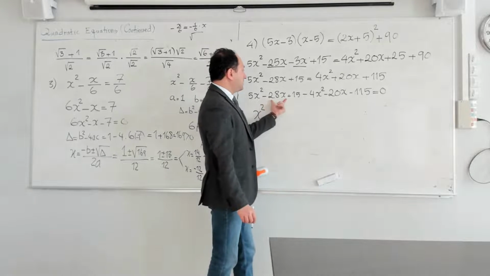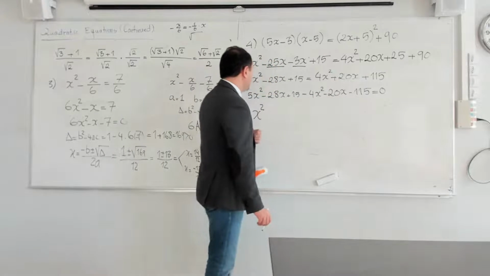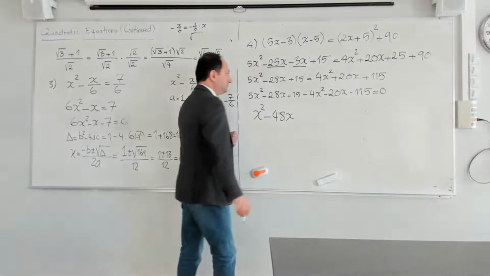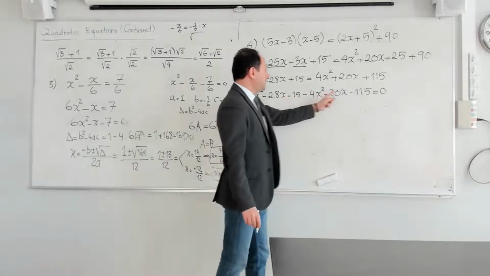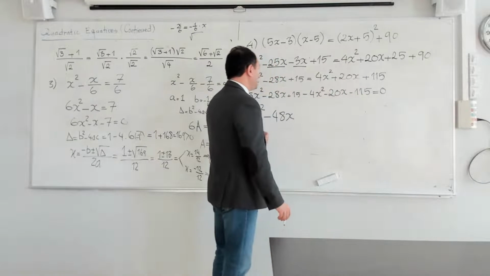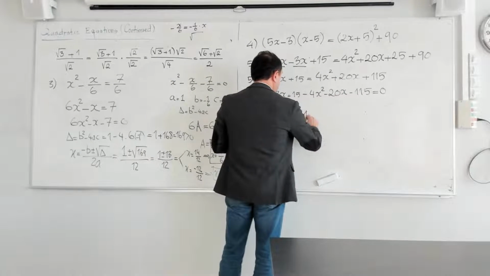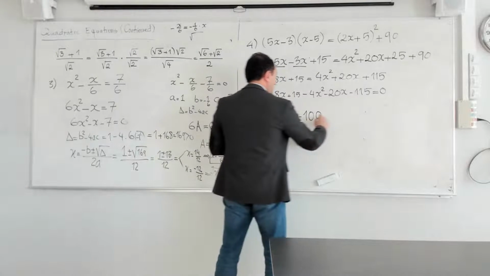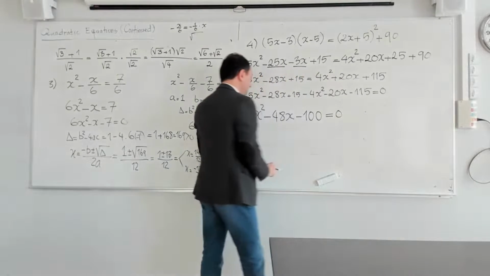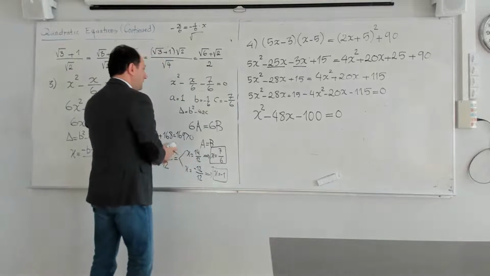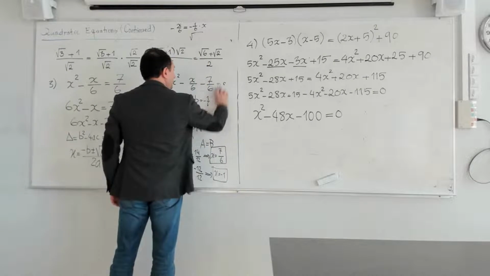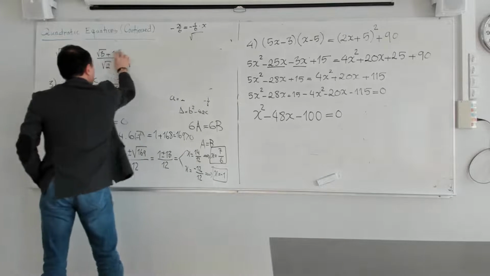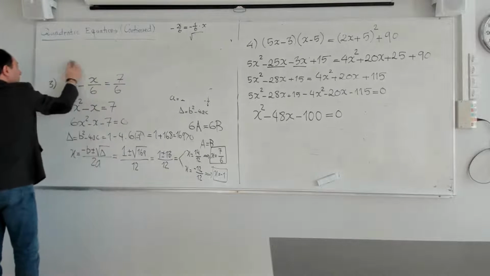Minus 28 and minus 20 is minus 48. 15 and minus 115 is minus 100, is equal to 0. Okay? So I have to start working with this equation. And of course, you have your calculator, so you don't need to be worried about the big numbers involved here.